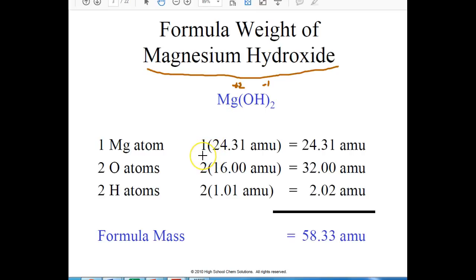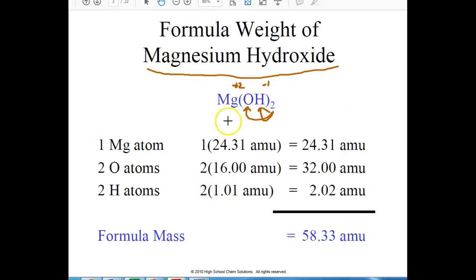So we have 1 magnesium, and it has a mass of 24.31 AMU. We have 2 oxygens, because it's in that parentheses, and each oxygen has a mass of 16.00 if we round to the second decimal place. So there's 2 oxygens, so I'm going to multiply that by 2. And then there's also 2 hydrogens. So I'm going to multiply 1.01 by 2 as well.